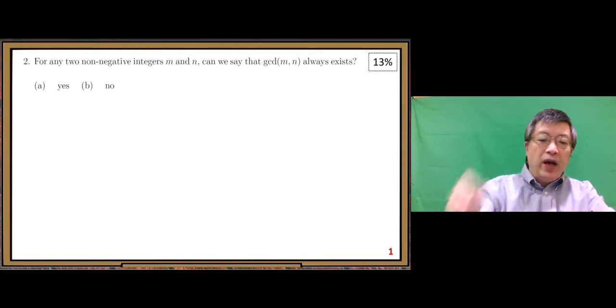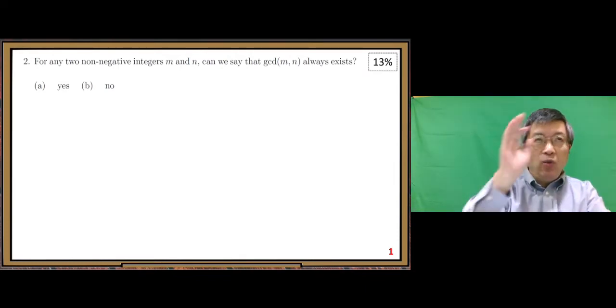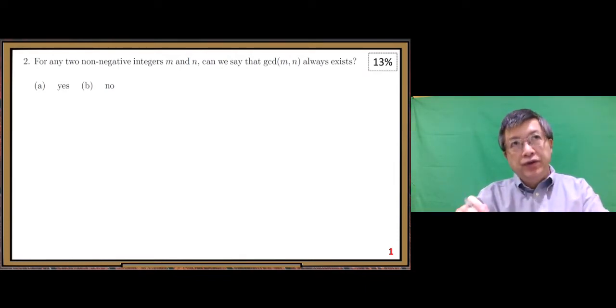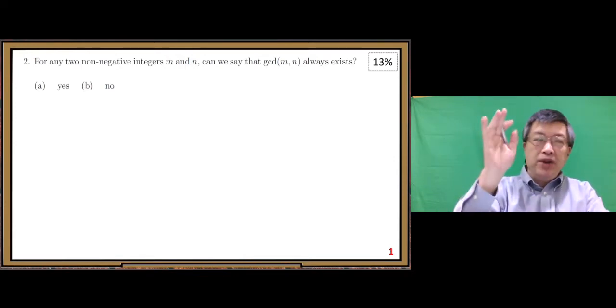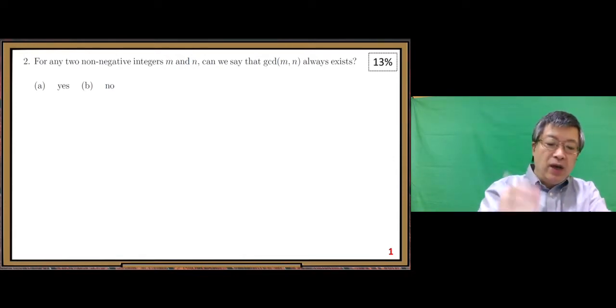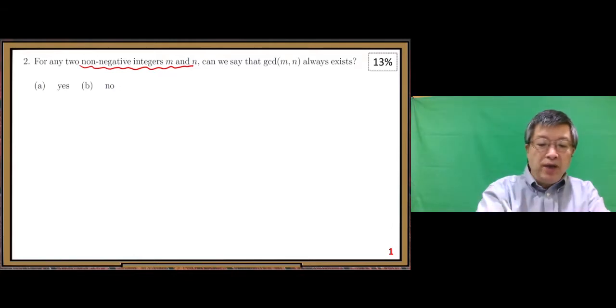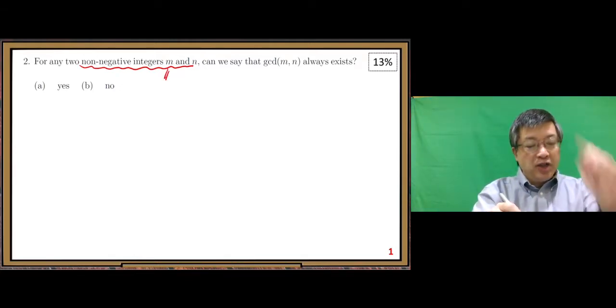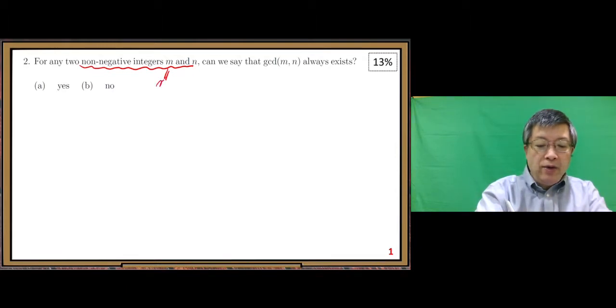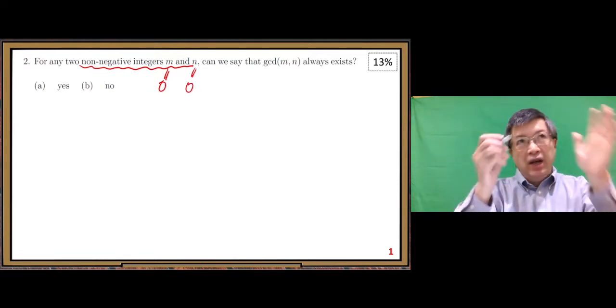But this one, I want to explain only one thing. For those students who missed this question, I'd like you to pay attention to non-negative m and n. We say non-negative, that means there is a possibility m equals 0 and n also equals 0, right?